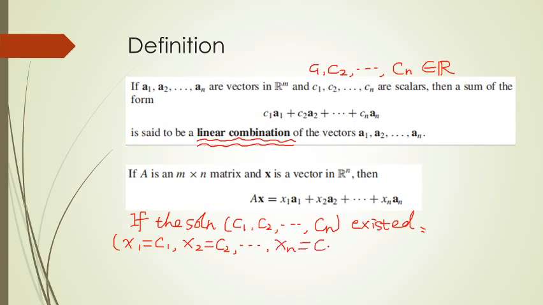That means they are solutions. So if the solution existed, Ax can be represented as C1 times A1 plus C2 times A2, where all the Ci's are scalars but A1, A2, An are column vectors, plus Cn times An equals the column vector b.